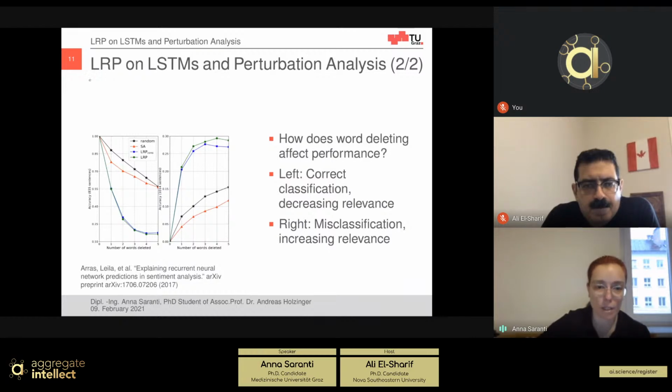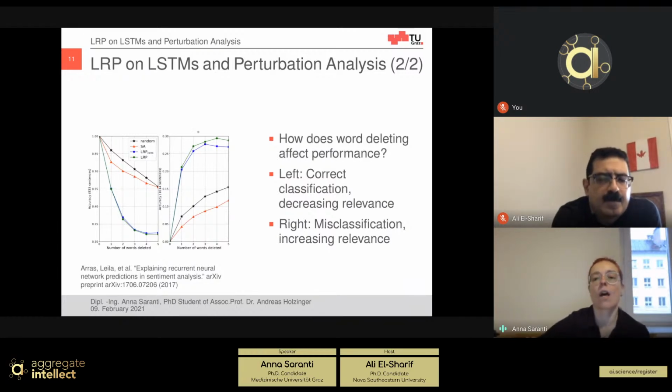What the researchers showed, and what we can see on the left side, is that when the classification is correct with a target value, sorting and removing words by decreasing relevance, the performance drop is very high and very monotonous when we apply LRP, whereas for sensitivity analysis, it isn't that fast.